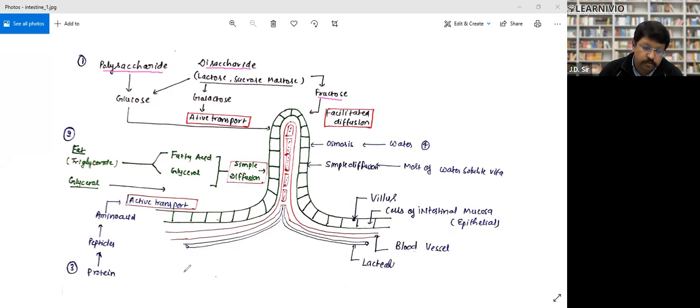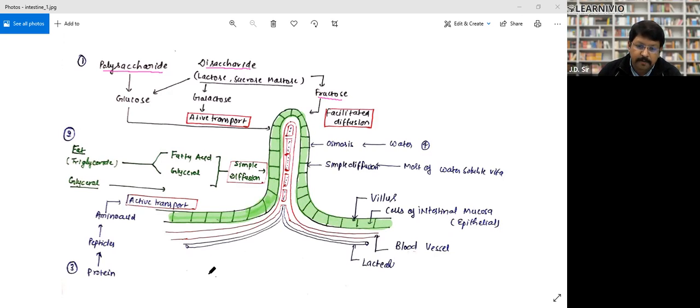The upper part is made up of epithelium, right? So that's why I have shown it in green color. This green part is made up of epithelium.